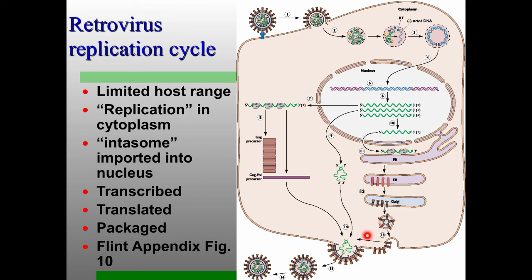Those particles then get assembled, and only at this very last step do you have proteolysis that takes place, which chops up the GAG and the POL into separate proteins and allows them to be active. So it's a post-budding process, which is absolutely critical to get infectious retroviruses.